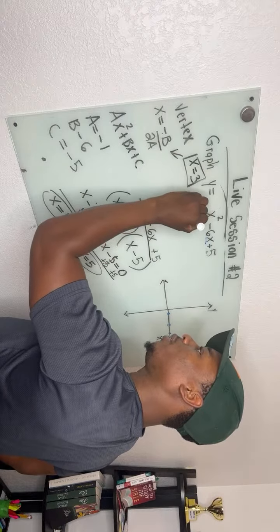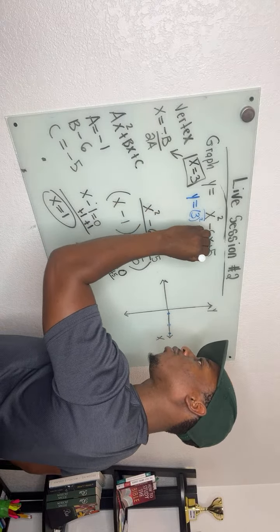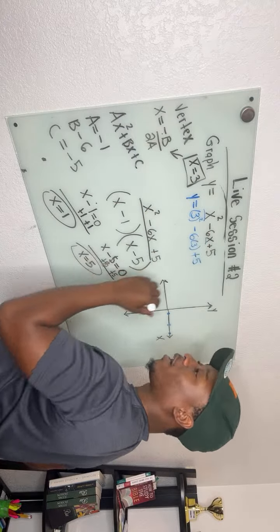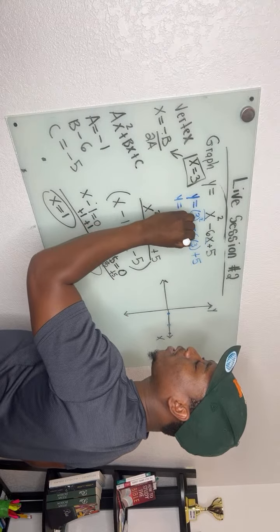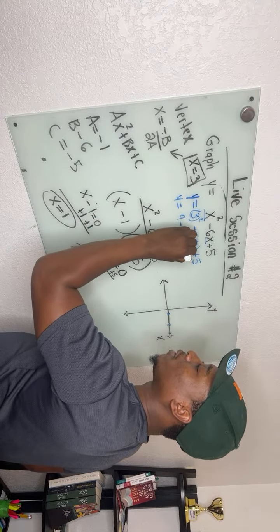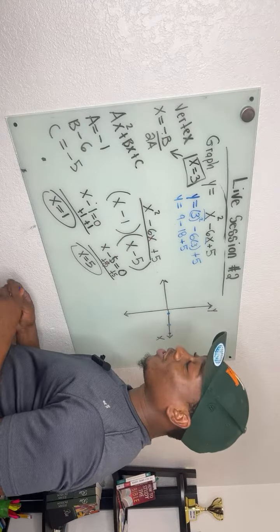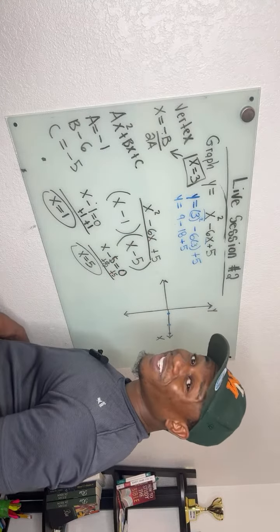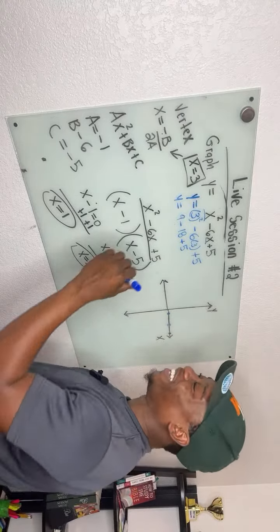So we have 3 squared minus 6 times 3 plus 5. So y is equal to 9 minus 18 plus 5. If you remember order of operations, don't you add 18 and 5 first. Please make sure you subtract from left to right.